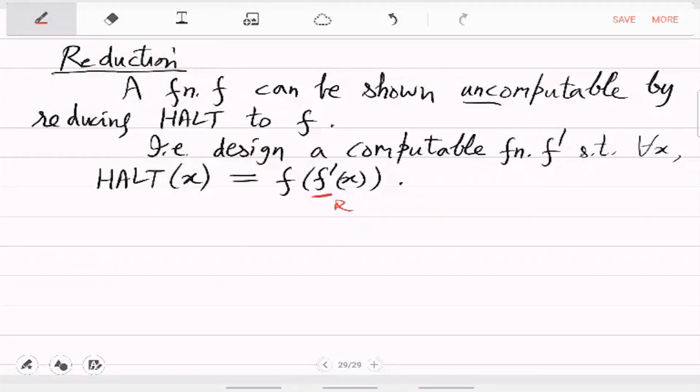This is called the reduction. When you actually want to solve halt on x, instead you modify x and give it to f, and that will solve halt. So this third function is called the reduction. If this exists, then it shows that your problem is harder.